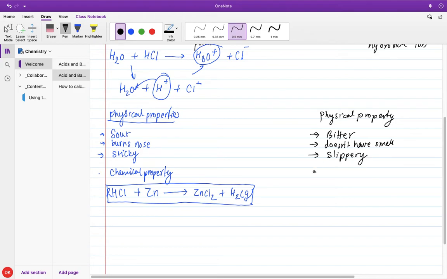And lastly, chemical property. One of the most important chemical properties of bases is that it reacts, remember the code word, with oil or fat.